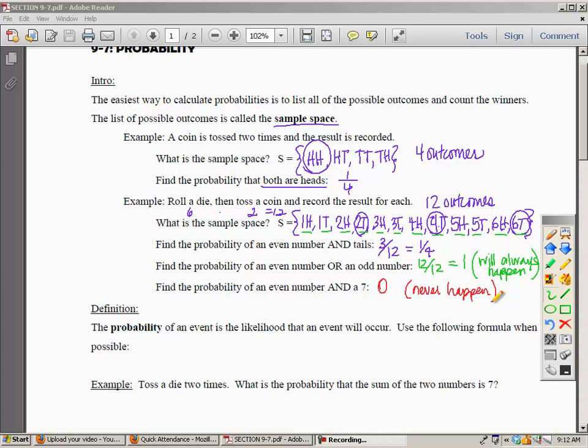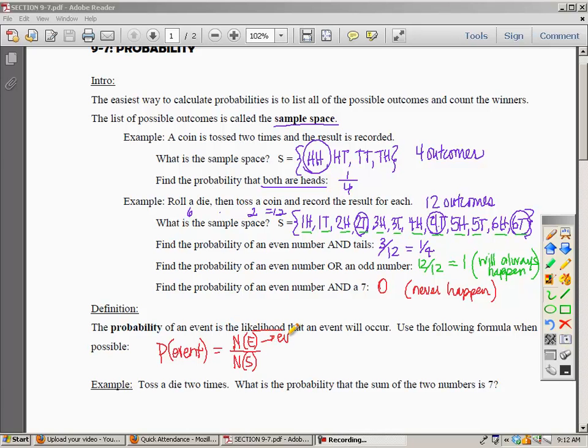Okay? So the idea that you're talking about probability is that the event is the likelihood that it will occur. And we go like this. The probability of our event happening, and your book describes it like this: the number of events possible out of the number in the sample space.